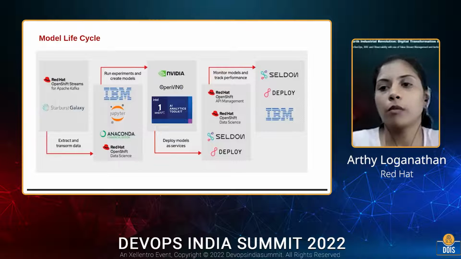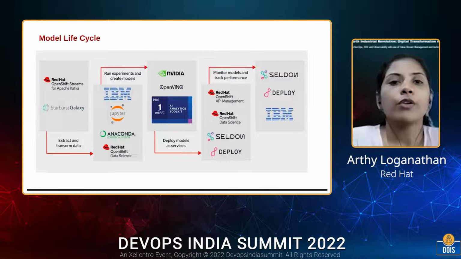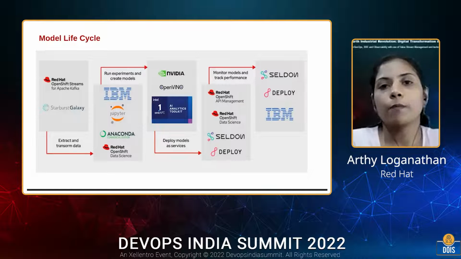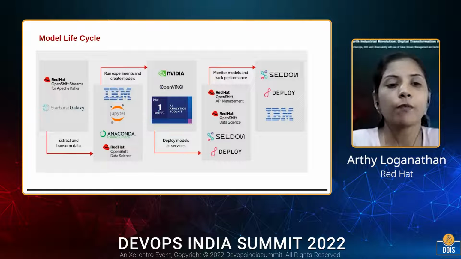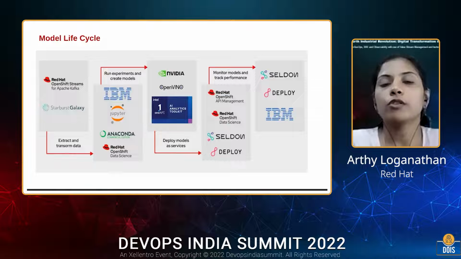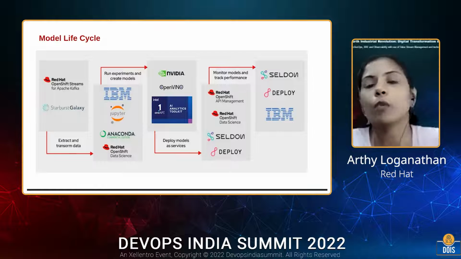So this is the model lifecycle. You can use these services as per your need throughout the model lifecycle. You can use Apache Kafka and Starburst Galaxy for extracting and transforming data. And you can use JupyterLab, Anaconda, OpenShift Data Science for running experiments and to create models.